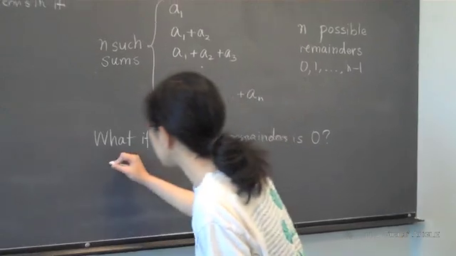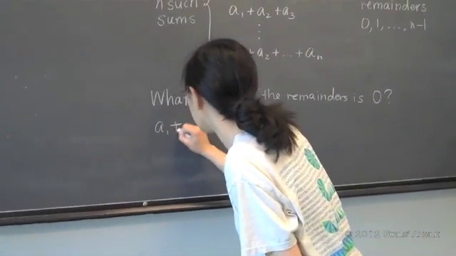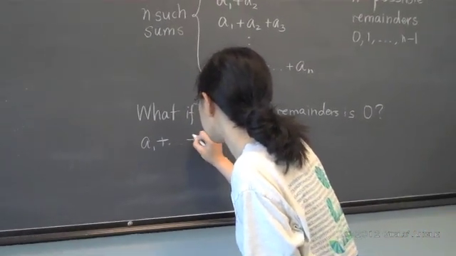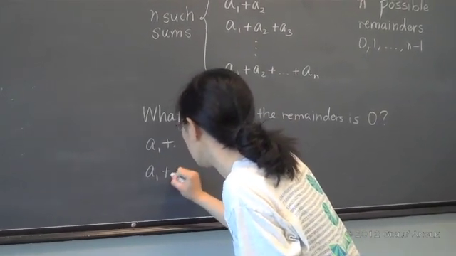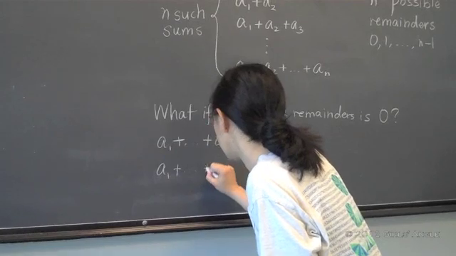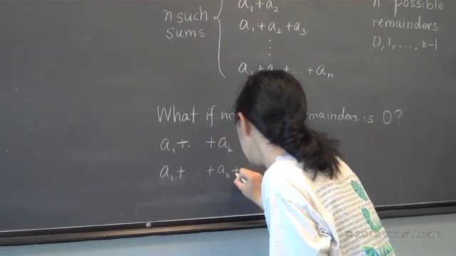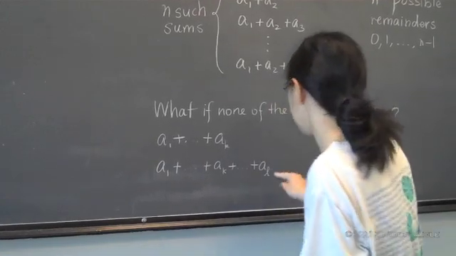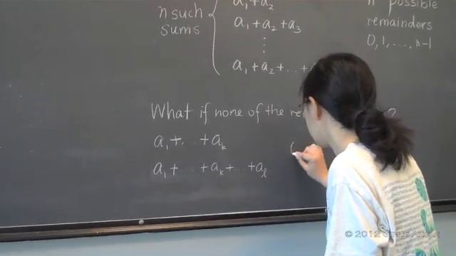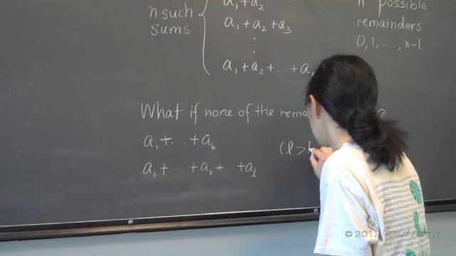Say I have two such subsequences, a1 all the way to ak, and say a longer one, so it's a1 all the way to ak, and then to some al, where l is bigger than k.